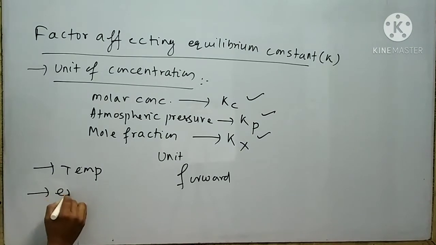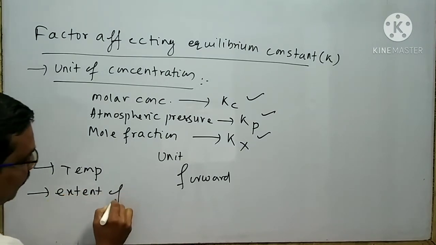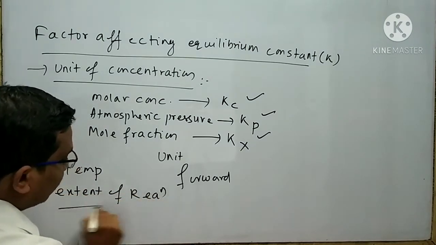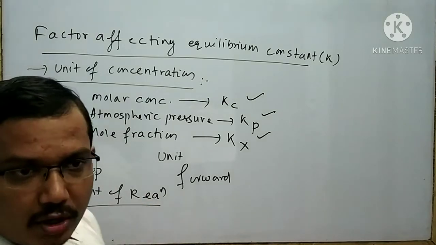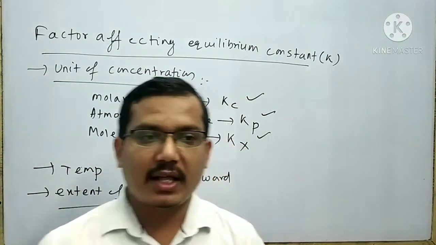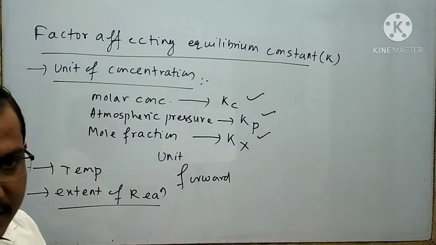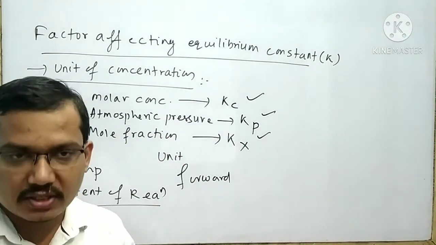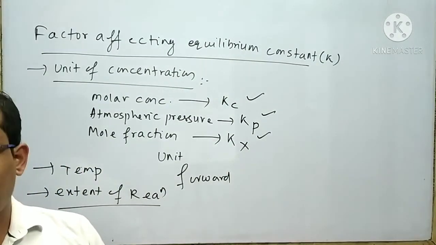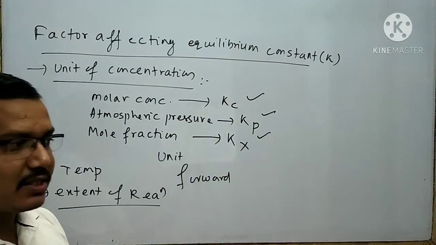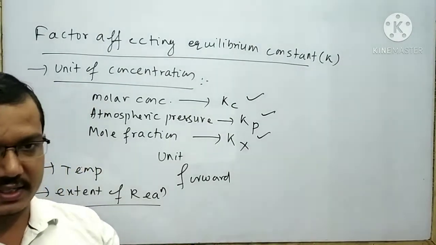Next factor is your extent of reaction. The magnitude of K depends upon the extent of reaction progress. If the reaction proceeds towards completion, then the K value is very large. Completion means the reaction proceeds in the forward direction.